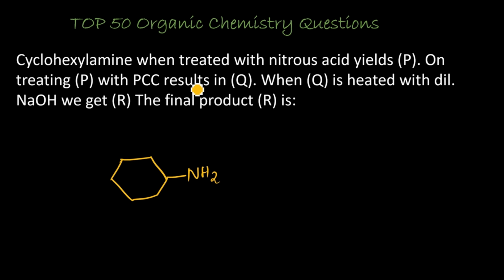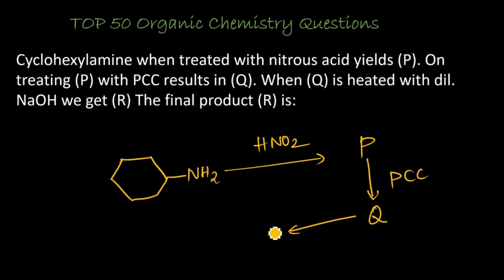Then cyclohexylamine, when treated with nitrous acid, yields P. On treating P with PCC results in Q. When Q is heated with dilute NaOH, gives R. So what is the final product R? That's our question.